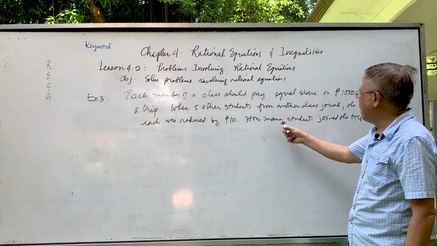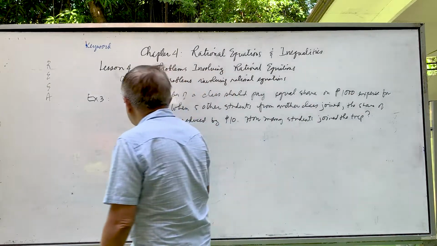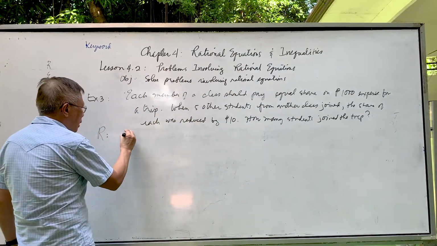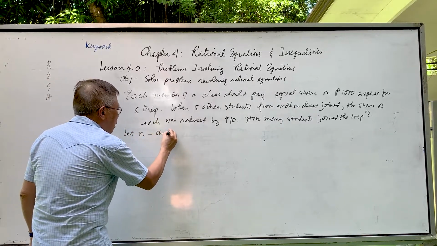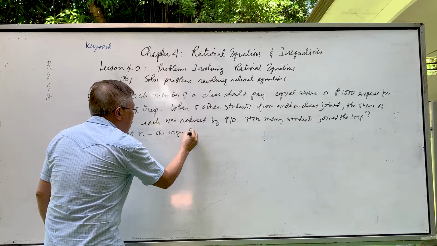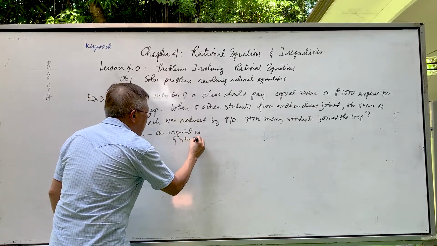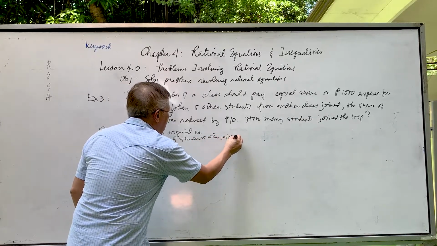And the question here is how many students joined the trip. So, what is our representation? Originally, let n be the original number of students who joined.